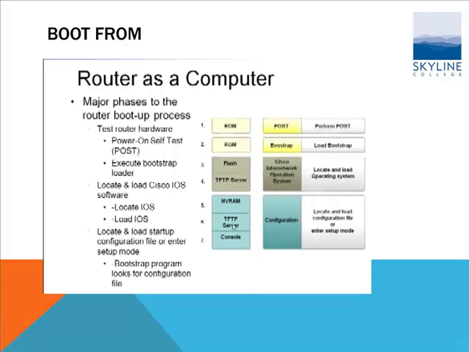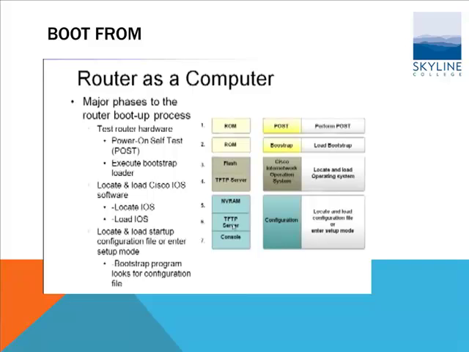Then it looks for the configuration file. NVRAM is the first place it's going to look. A TFTP server can be used there too. If it doesn't find a configuration file, a startup config, then it goes to the console, into setup mode. What will happen here is, if it doesn't find these things, it actually does a broadcast looking for a TFTP server.